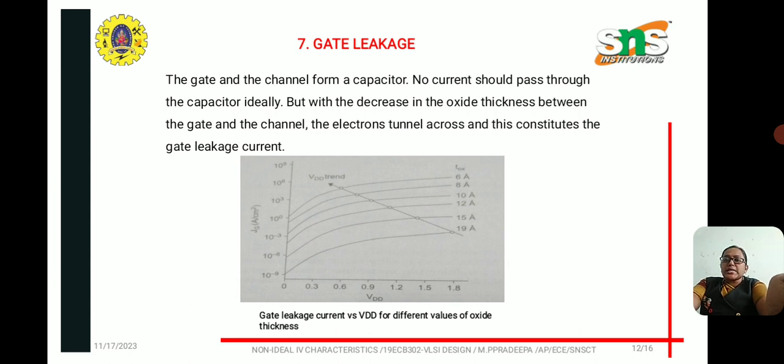Sometimes with overflow of gate voltage, the voltage gets passed through the silicon oxide, and it gets into the source and drain, and affects the flow of electrons from the source to drain. That is the gate leakage process. So these are the non-ideal current and voltage characteristics that may happen during the operation of a MOSFET in a given IC.